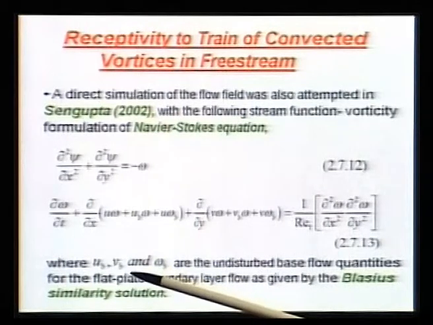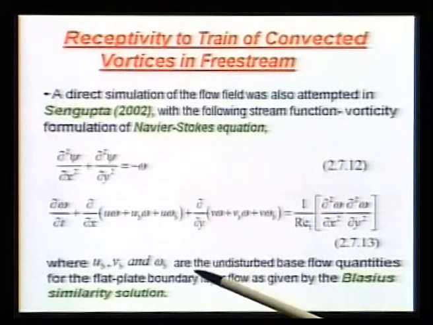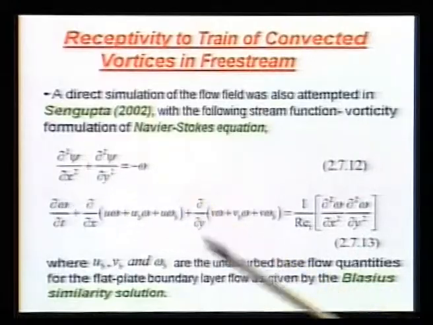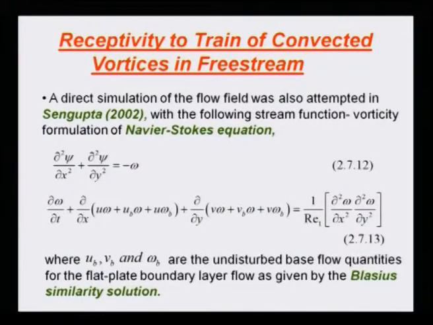Vb is the wall normal component of the basic flow, and omega b is the equilibrium vorticity distribution. This omega that you are seeing here is nothing but your disturbance vorticity without any subscript, and this psi is also without any subscript, so that is also your disturbance stream function. So, we can do this calculation. We only note that this equilibrium flow, we can take as the Blasius solution. We can compute it, we can take it also like that.